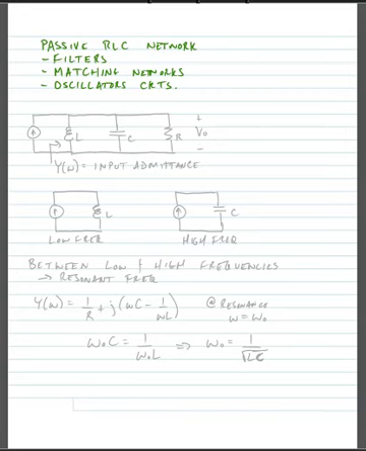So first we'll start with a parallel RLC network. Here we place an inductor in parallel with a capacitor and a resistor.